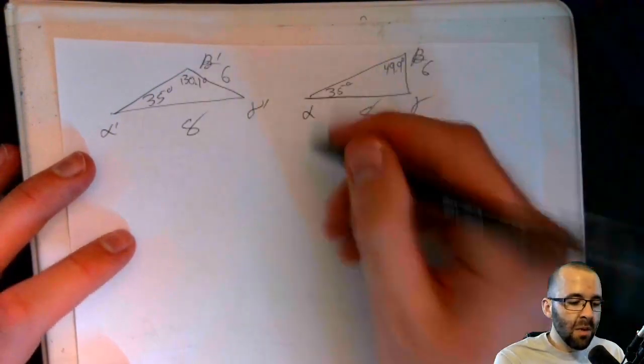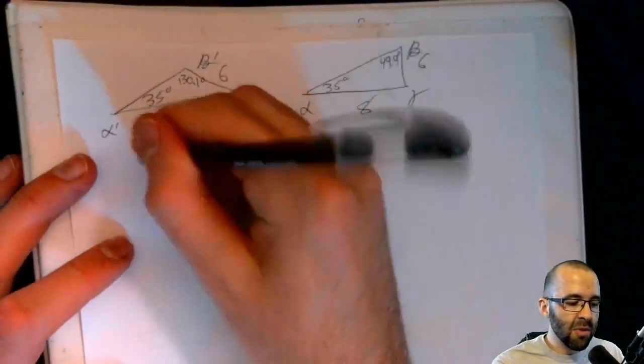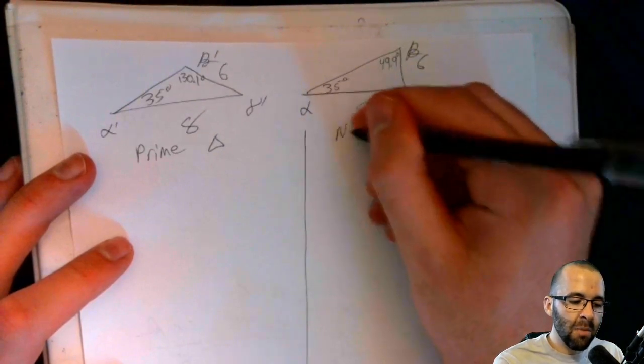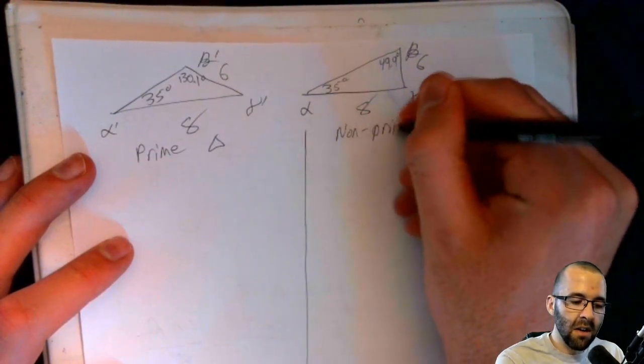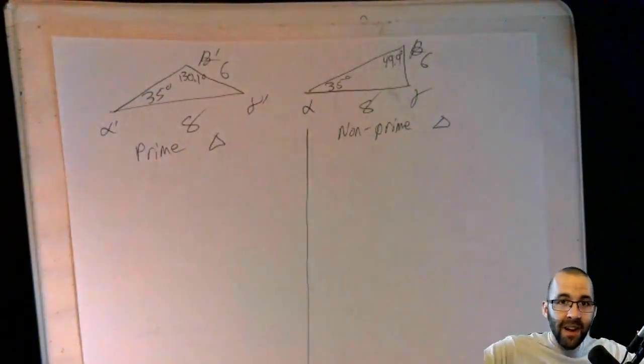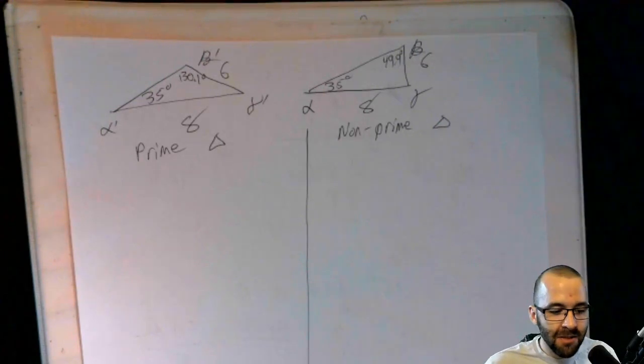So of course now we really have two problems. Here's the prime triangle, we'll solve it on that one. And the non-prime triangle, we'll solve it on this side. So one problem became two. We're going to solve both triangles.